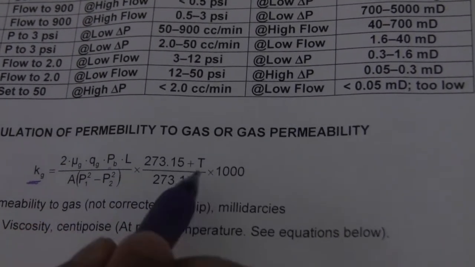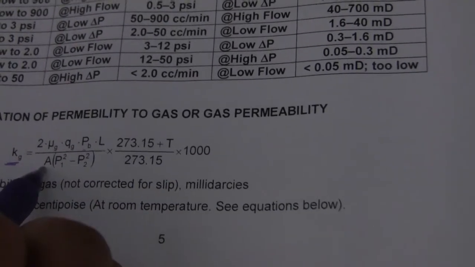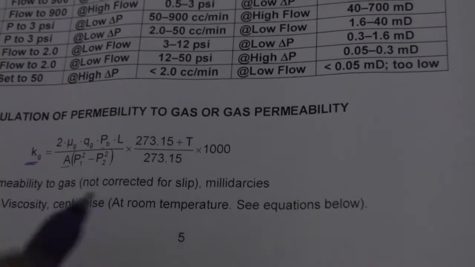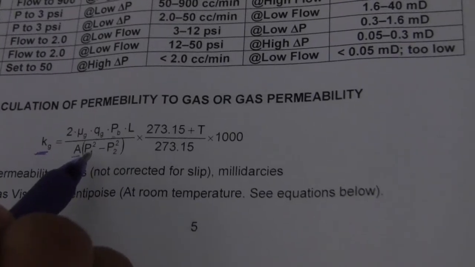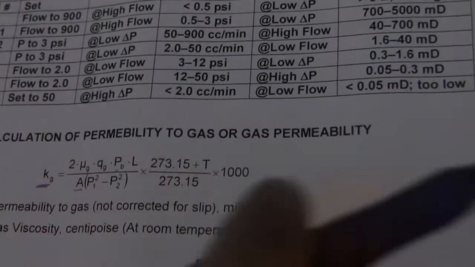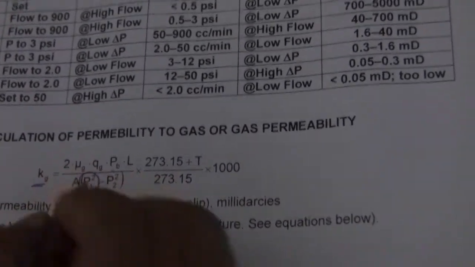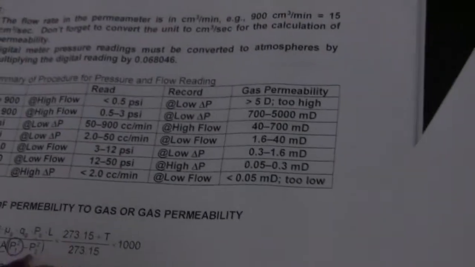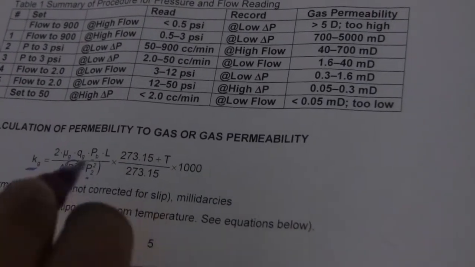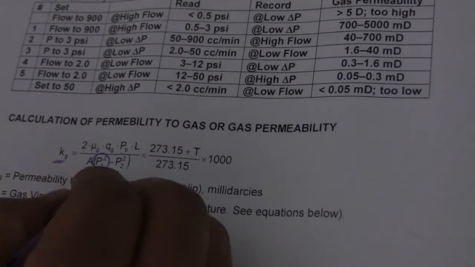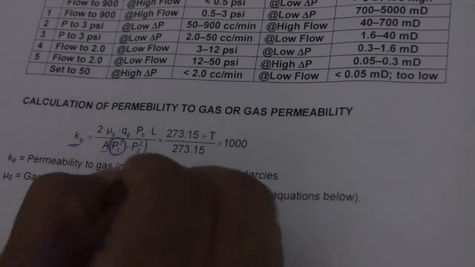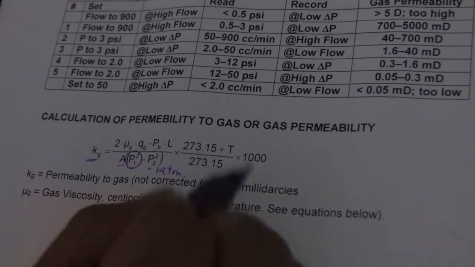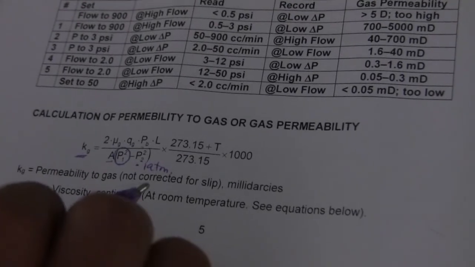Then the length of the core, temperature, and cross sectional area of the core. Now this is tricky. P1 is your delta P, the one that you are noting down here. And P2 is the outlet pressure, which in this case is atmosphere, so it's again 1 atmosphere. And yeah, you can solve this equation and get your permeability value. And that's it for this lab.